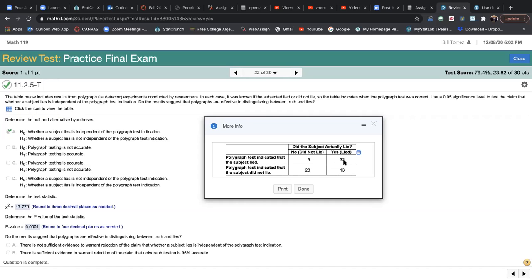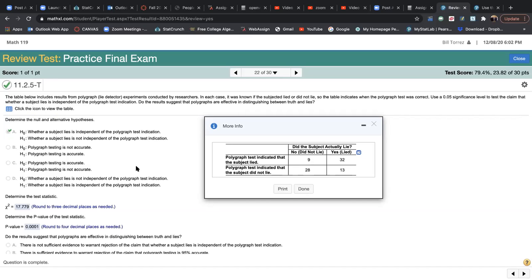Poly was correct for 32 of the cases. And then in the second row, how well did the poly do when the subject did not lie? Poly says the subject did not lie. In fact, the subject did not lie for 28 of those cases. And in 13 of those cases, the poly was incorrect.